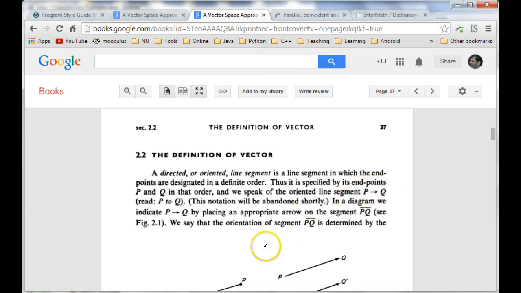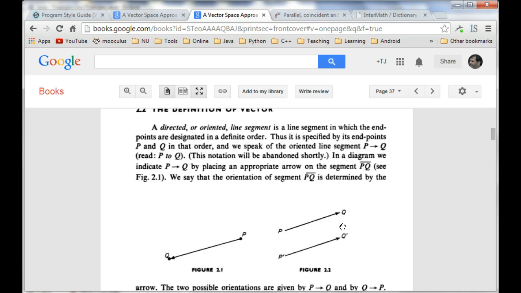So he starts off by saying a directed or oriented line segment is a line segment with endpoints in a definite order. So if you look at this segment here, there's a line from P to Q, and there's an arrow here.